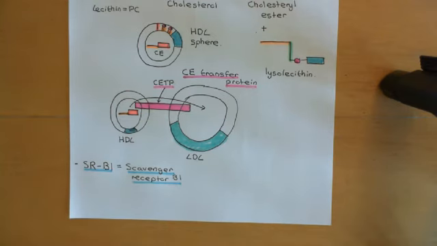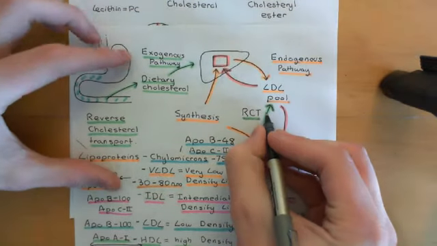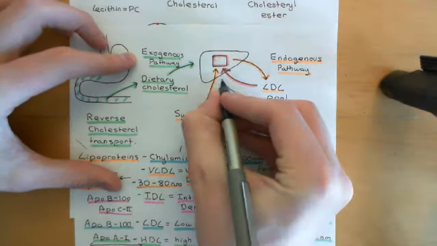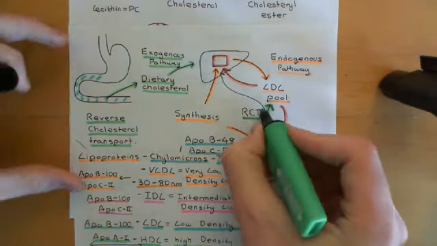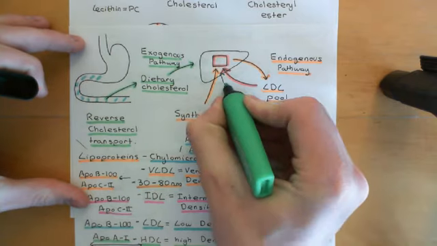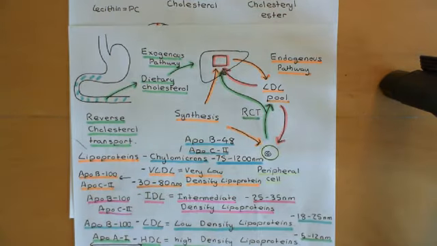So if we go back to this picture here, reverse cholesterol transport should have an additional arrow here, which takes it back to the hepatocytes, like so, as well. Both of those processes are important in getting rid of the cholesterol from these cholesterol overloaded peripheral cells. Right, so that's just a little added portion of information here.